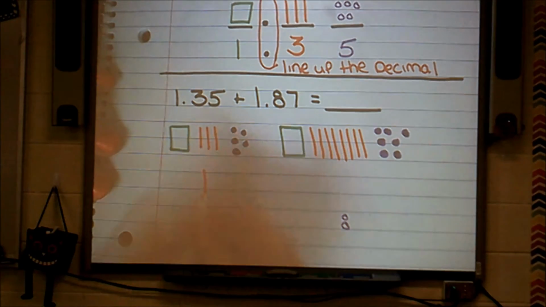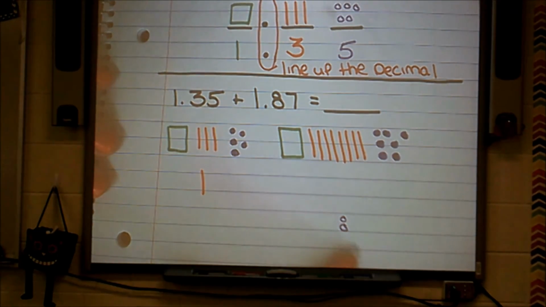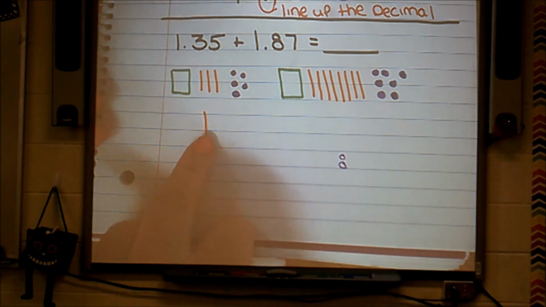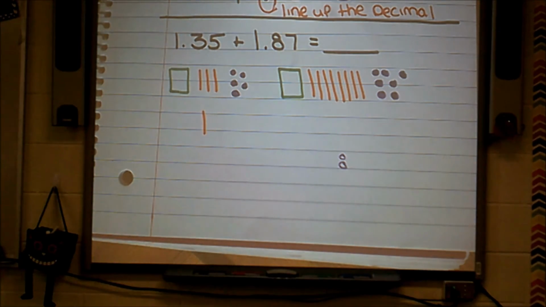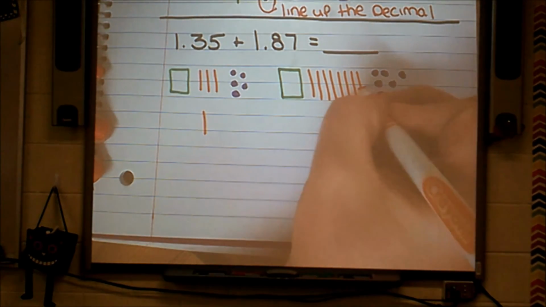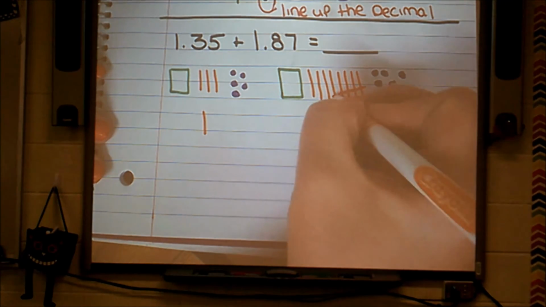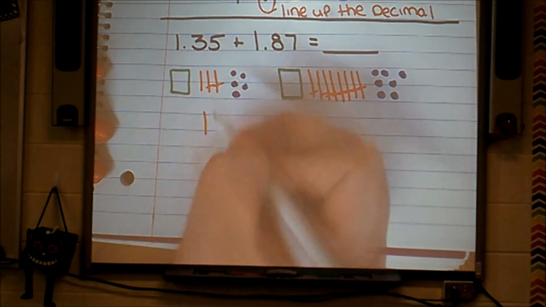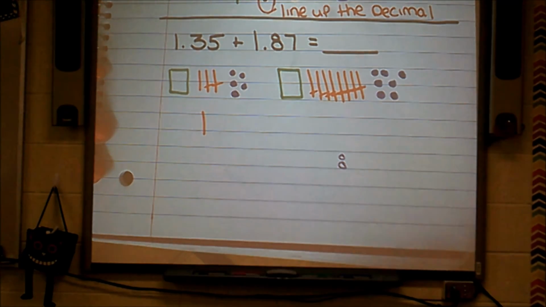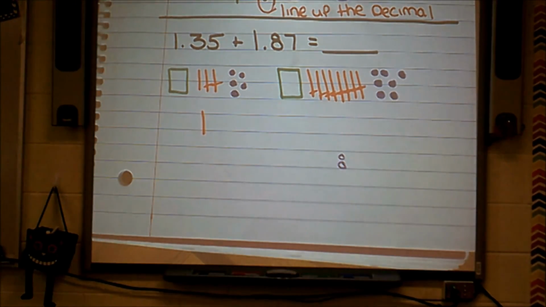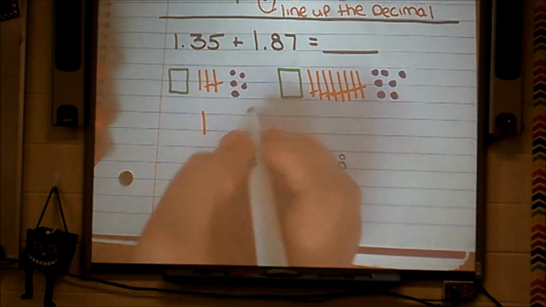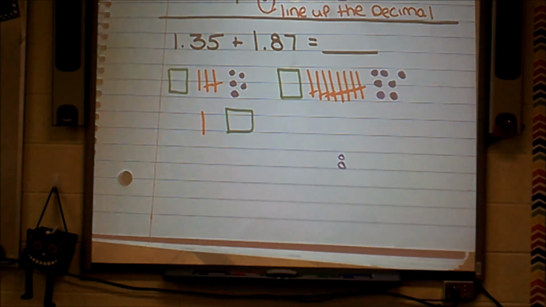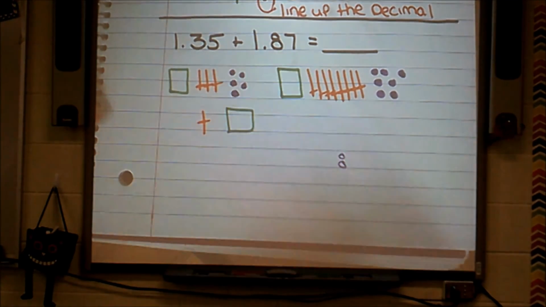So I represented my 2 specks down here and I carried my 1/10. Now let's count our tenths. 1, 2, 3, 4, 5, 6, 7, 8, 9, 10. Ooh, I'm going to trade in those 10 tenths for a whole dollar. I'm not done counting my tenths. Now I have another 1, 2 tenths.